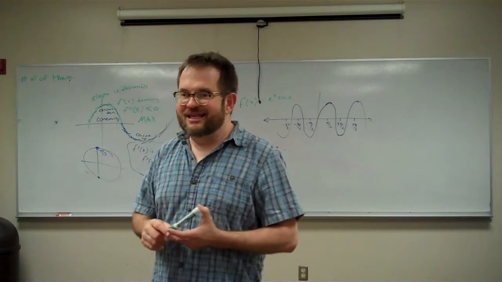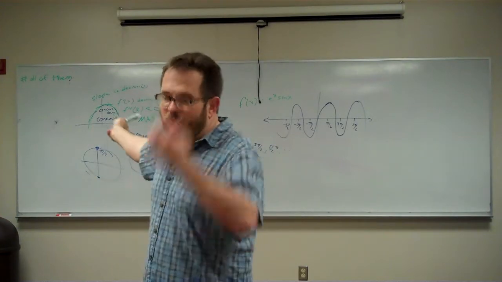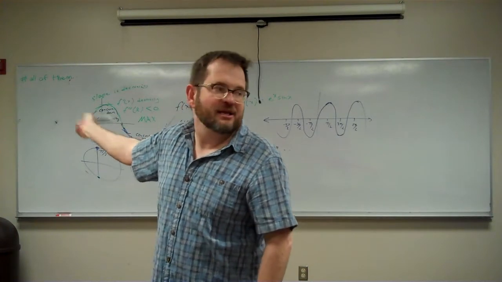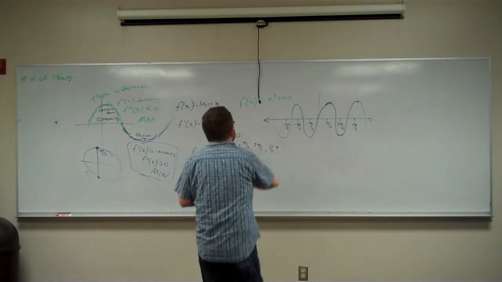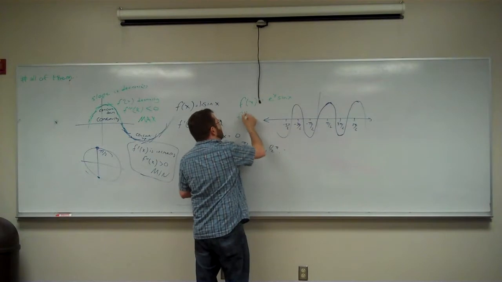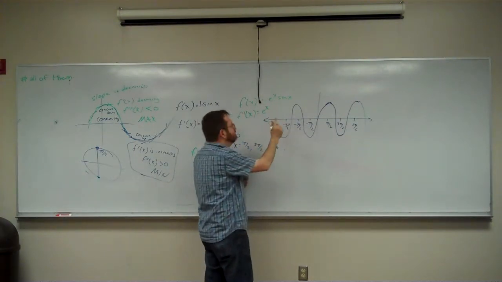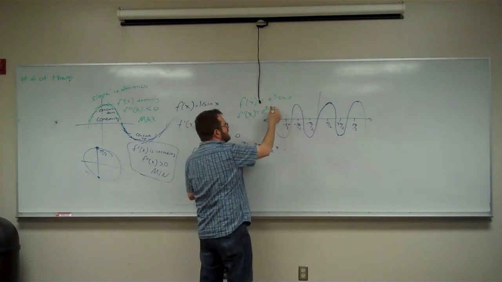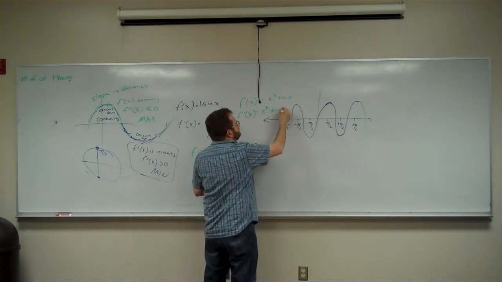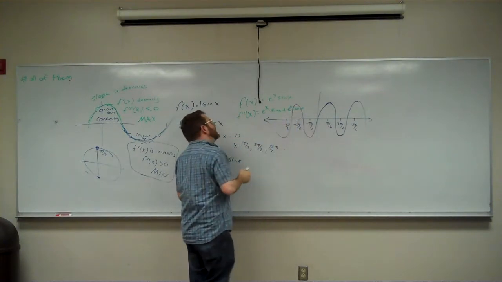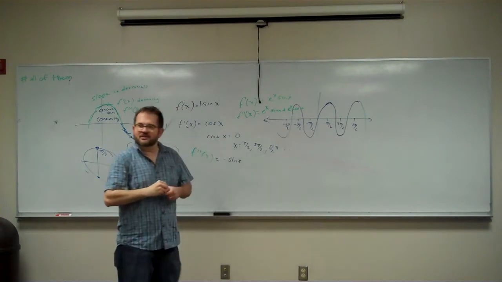This is a product rule problem, because we've got two things here. f prime of x is the derivative of the first, which, as Matt wisely pointed out, is e to the x, times the second, plus the first times the derivative of the second. The derivative of sine is cosine. So you have to do those things first.